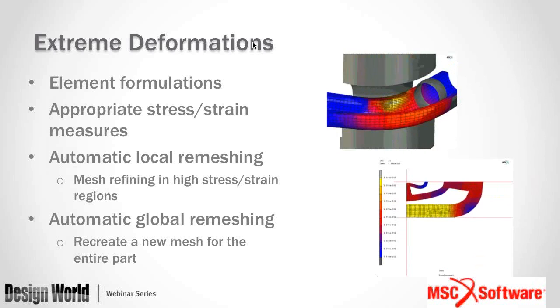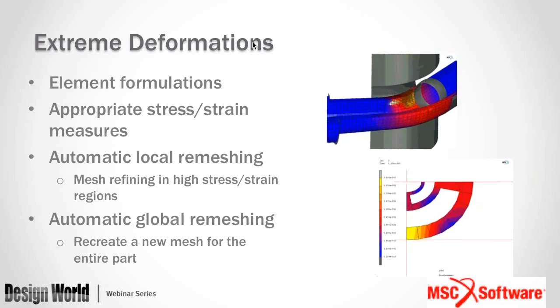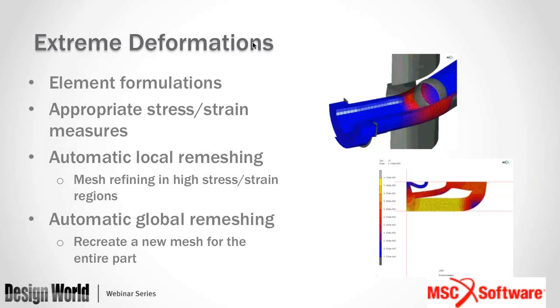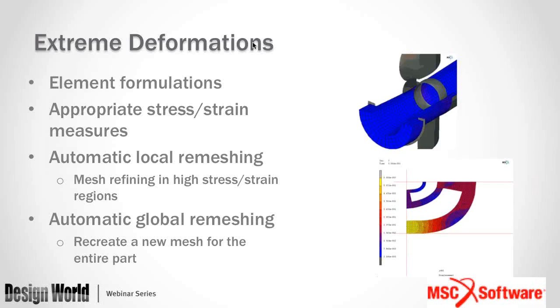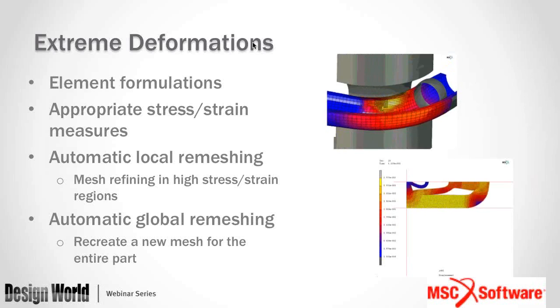And there's another issue that can occur, either locally or globally, where something can get highly distorted. In this scenario, the elements can get highly distorted too, and some of the elements can turn inside out. That can lead to a non-positive stiffness matrix, which would just lead to numerical problems for FEA codes.